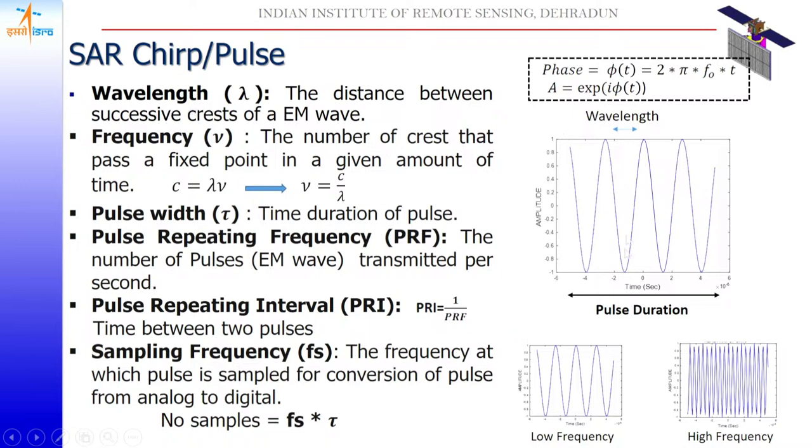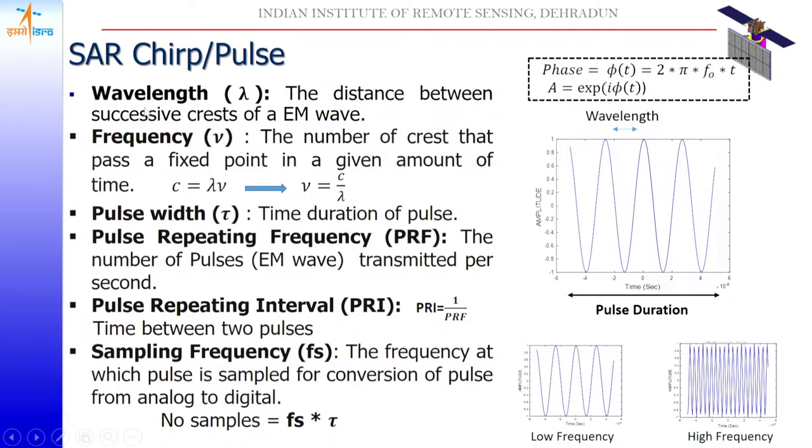It is the distance between successive crests of the electromagnetic wave. Frequency is the number of crests that pass through a fixed point in a given amount of time. From the formula, c equals lambda nu, where lambda is the wavelength and nu is the frequency. So we can have the frequency as c by lambda.